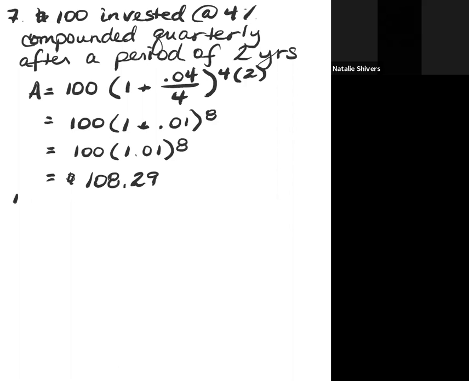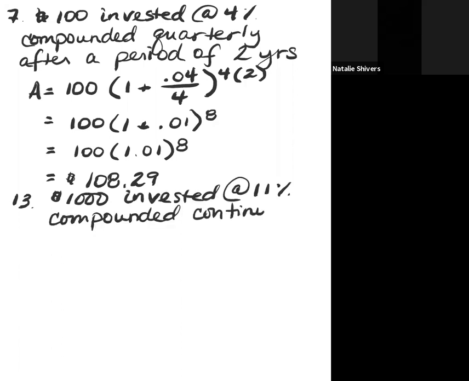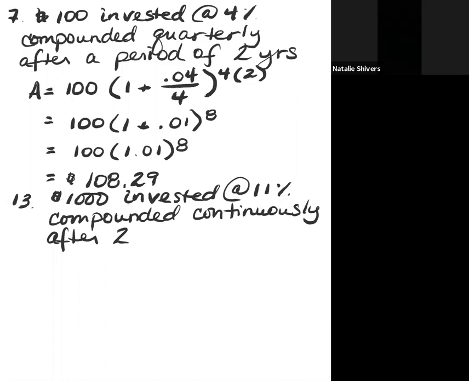Okay, so if we do continuous compounding where we have $1,000 after 2 years, we're going to get A equals 1,000 e to the rate as a decimal, 0.11, times 2.